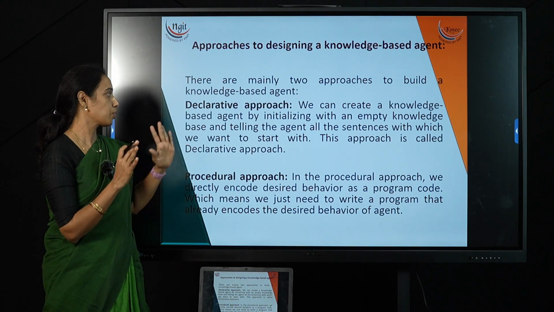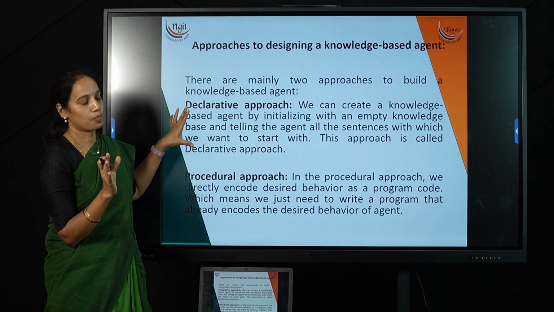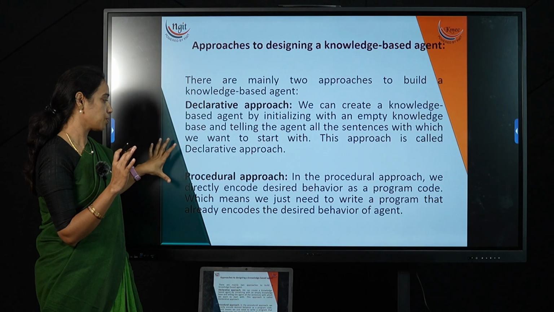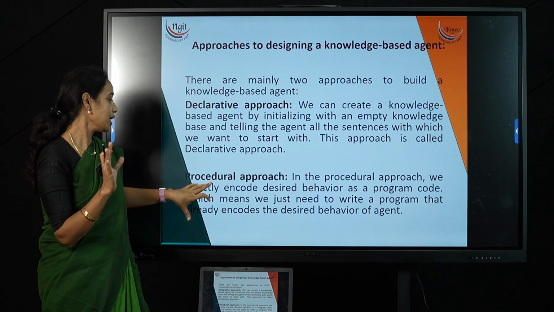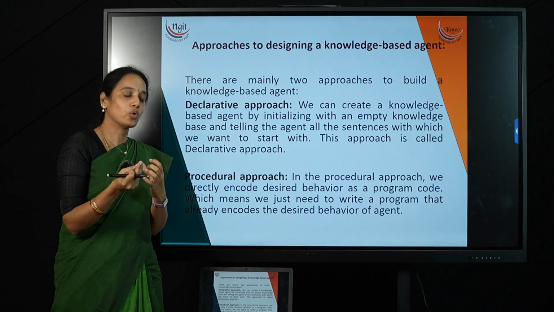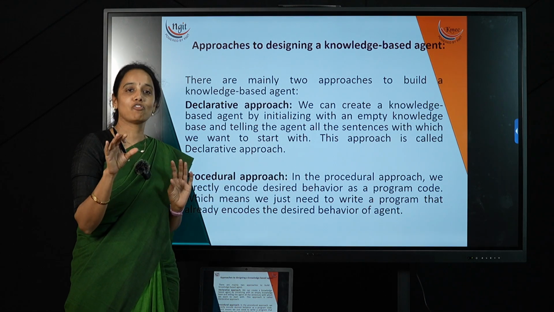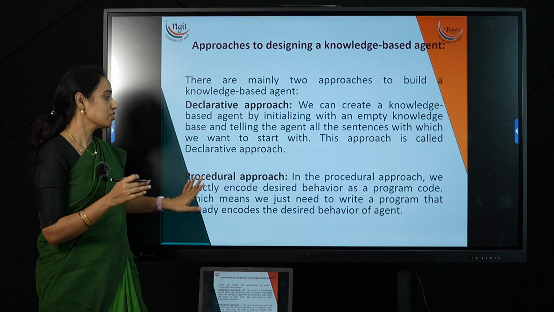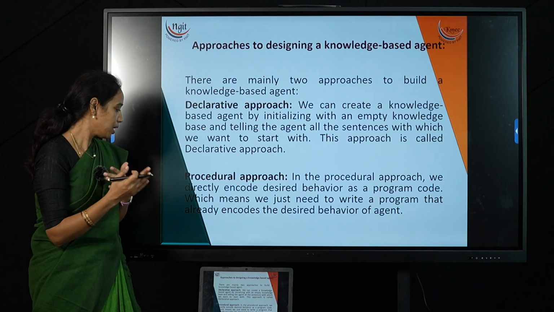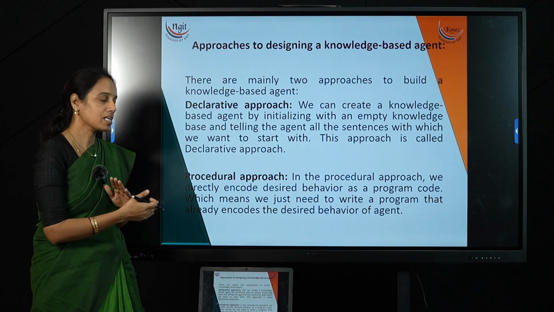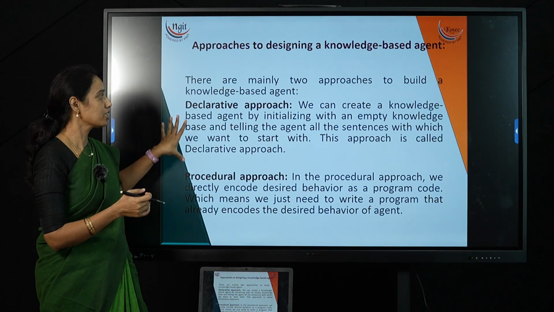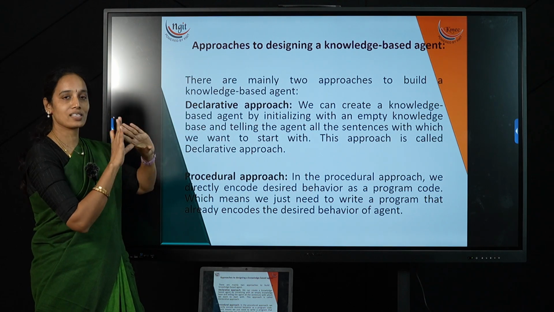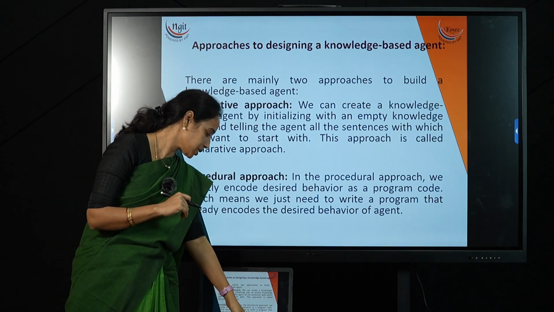That approach we call the declarative approach. Coming to the procedural approach, as the name indicates, here we directly encode the behavior in the form of a program, which means we write a program that already encodes the desired behavior of an agent. So these are the two approaches generally followed for designing a knowledge based agent.